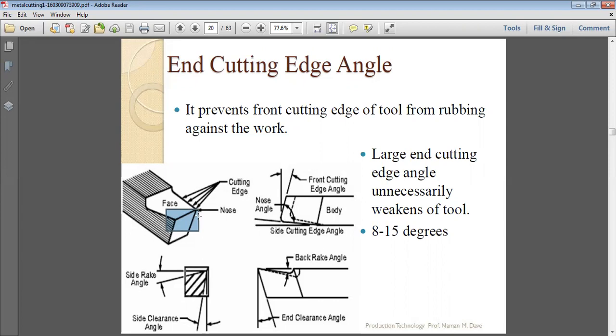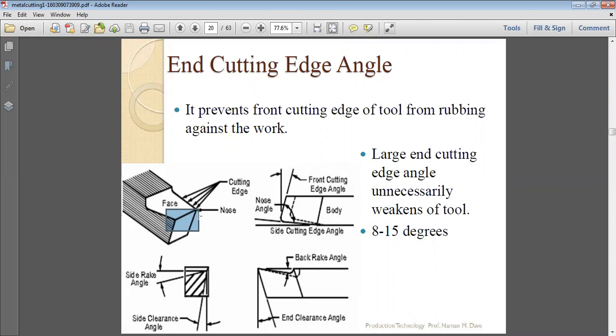We are providing it an angle. A taper is provided because if it were a flat surface, it would strike directly onto the tool part, and there would be more friction and more temperature rise in the tool, reducing the life of the tool in this case.